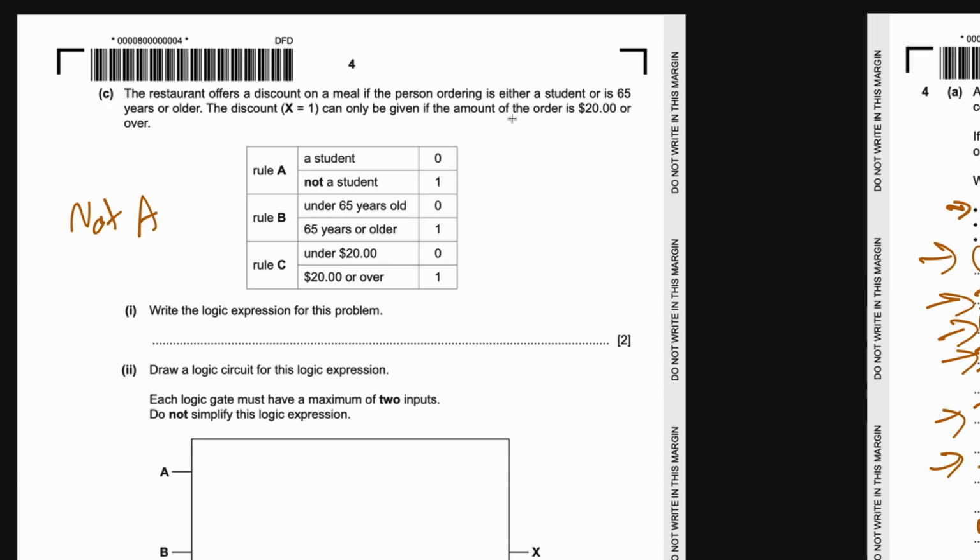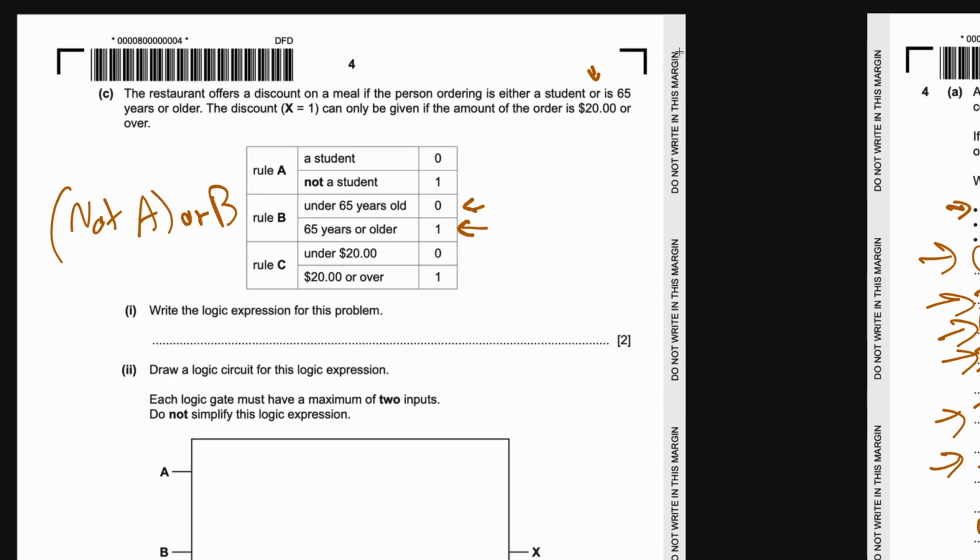And in terms of B, it's OR, right? It's OR 65 years or older. So OR B, because when B is equal to 1, it's 65 years or older. We don't have to put any NOT, because we mean this, not this, right?